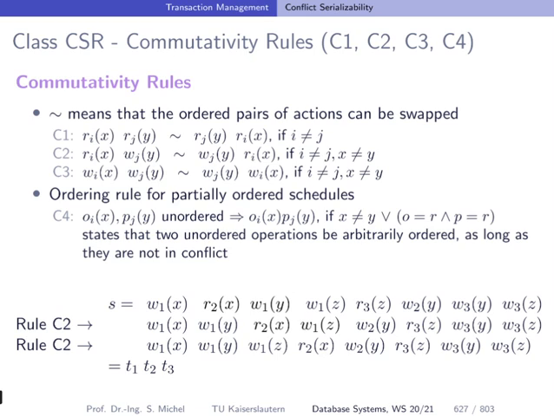Let's have a look at the first three of these rules. They say when you can swap. And the rules which are not here are the rules which were not allowed because you would mess up with this conf relation. So let's see how they look. C1 says you can swap two reads from different transactions. See, so there's Ri of X and Rj of Y, and you can swap them.